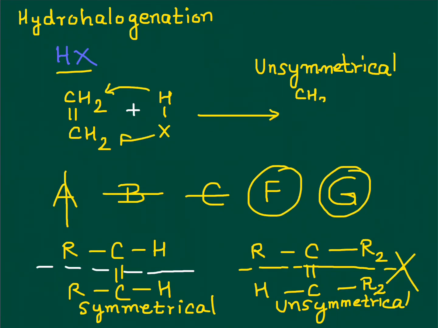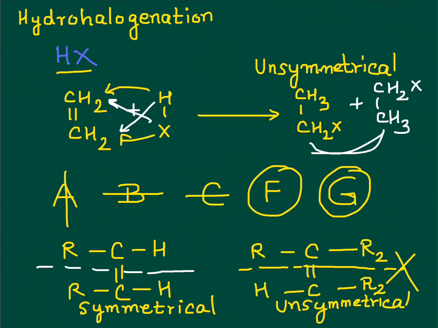We will have CH3 single bond CH2X. We could also have X going to the top carbon and hydrogen going over here. Would that make a difference to the product? Are these two products same or different? Yes, they are very much the same. Both are the same, correct? Because this is a symmetrical alkene. Now let's see about propene.